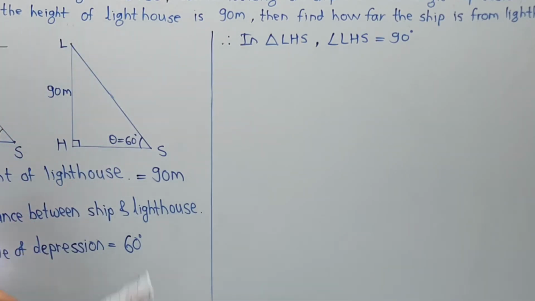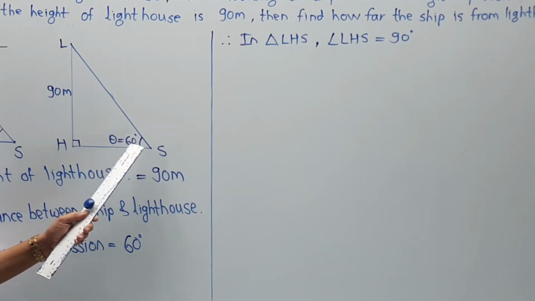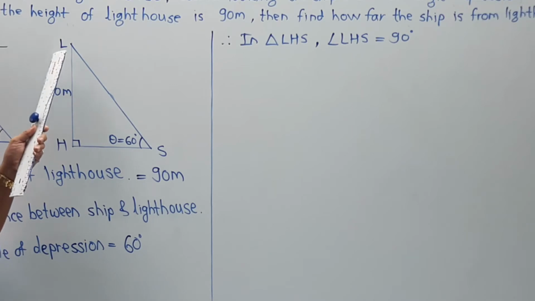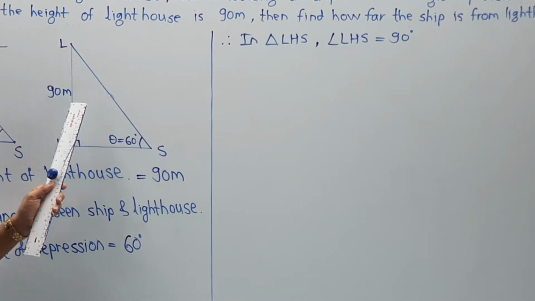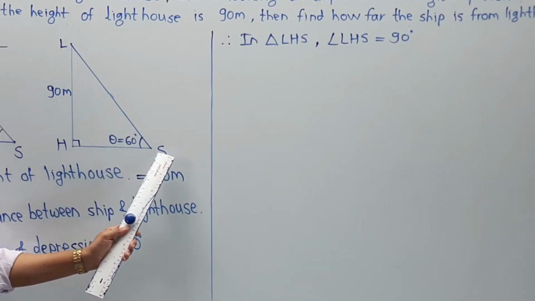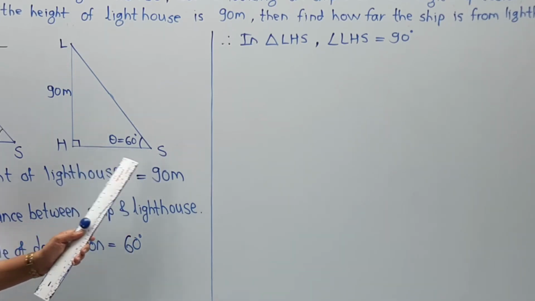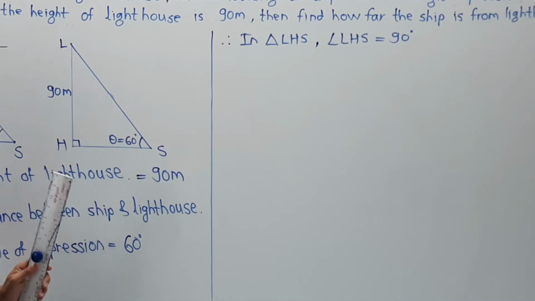Now, as we have the declaration about 90 degrees, you are ready to use trigonometric application. This theta is 60 degrees, given. The opposite side LH, that is the height of the lighthouse, 90 meters, is given, and we are interested in calculating HS or SH, the distance between the ship and the base of the lighthouse.